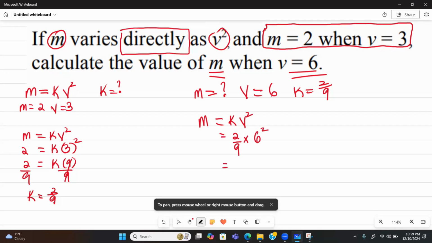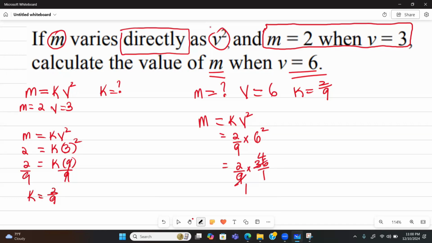Let's rewrite this. So 2/9 times 36/1. And at this time, 9 could go into itself 1, and 9 into 36, 4. So basically, we're getting 8. So m is equal to 8.